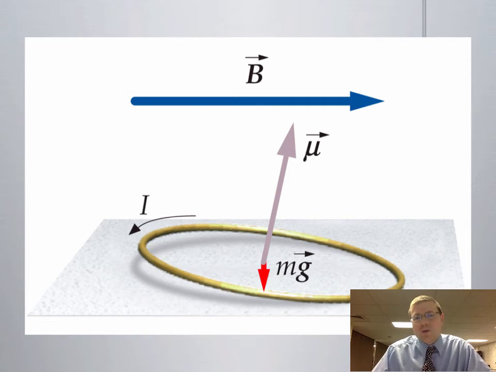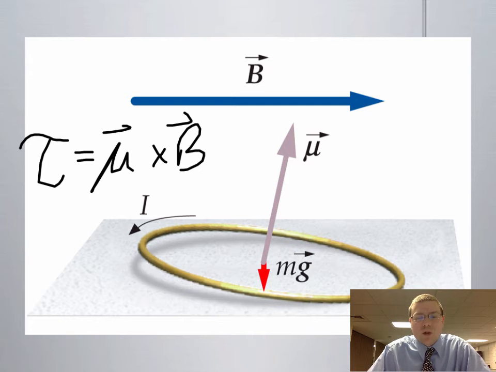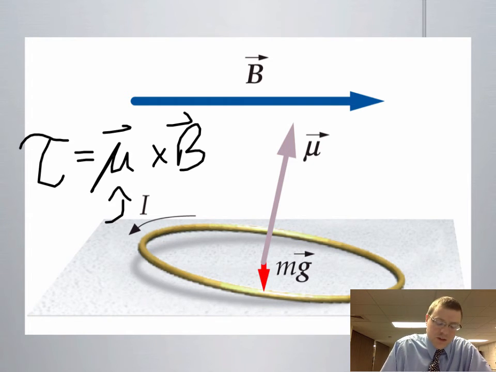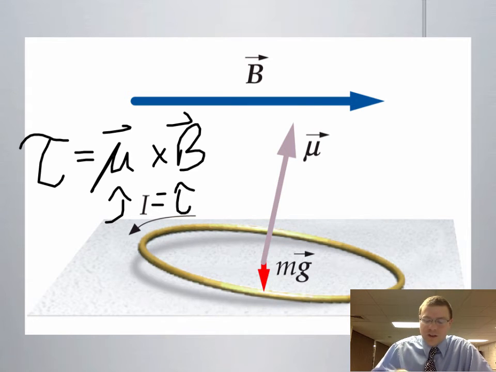Our dipole moment is pointing straight up, and there's an external magnetic field to the right. Since they're at 90 degrees apart, it's going to torque it according to mu cross B. The magnetic dipole moment is up, the magnetic field is to the right, so the torque is going to make that ring rock. If this is in the J direction and this is in the I direction, it's going to make a rotation in the negative K direction.